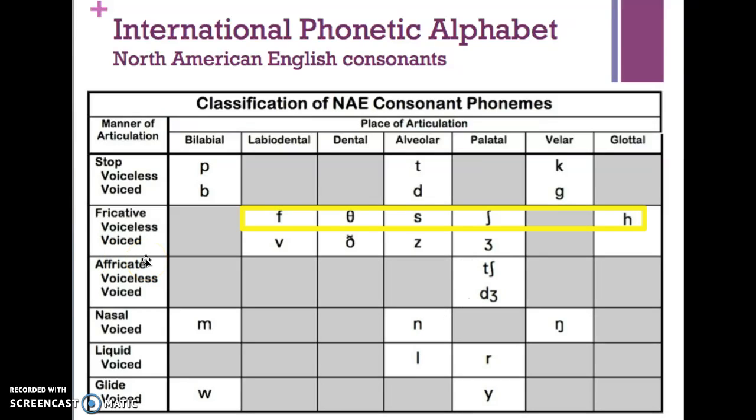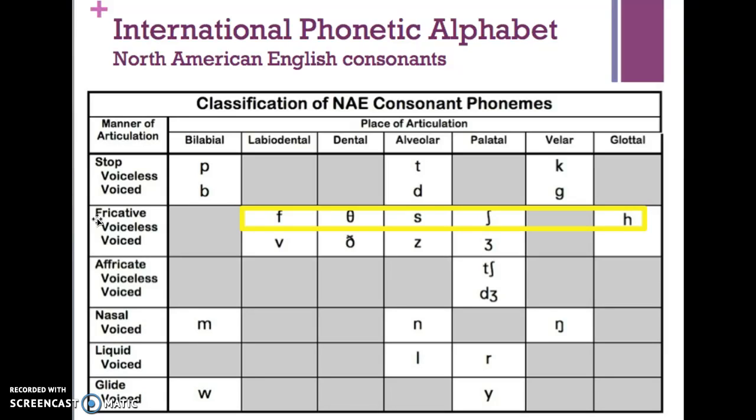Okay, so let's pay attention to where on the chart these sounds are. So if you notice this top row that I've highlighted, these are voiceless sounds. This just means that your vocal cords are not vibrating during the production of these sounds.